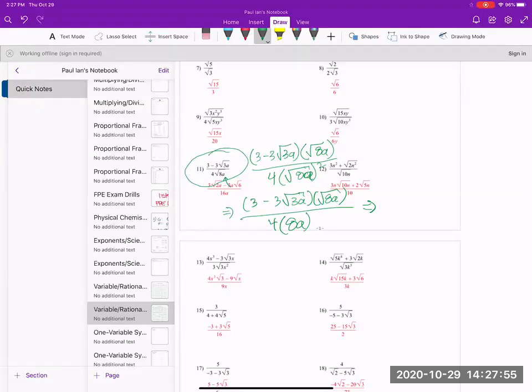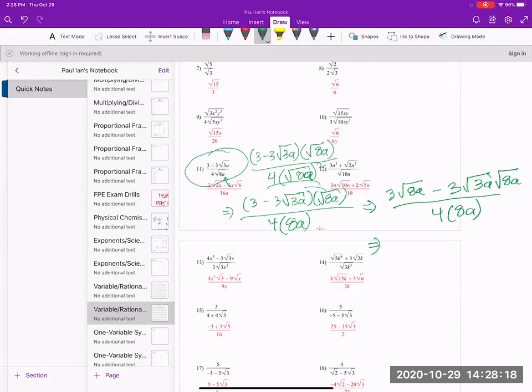Multiply the square roots on the numerator. Okay, so now you distribute it. So let's see. Sometimes, you just gotta do it and see if something happens. So minus 3, and then you have this 3a times the root 8a over 4 8a.